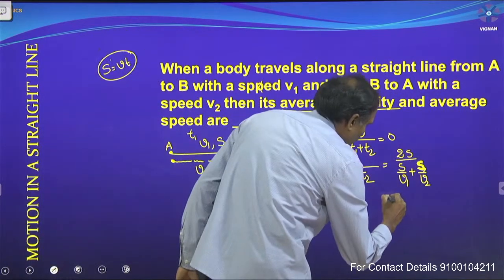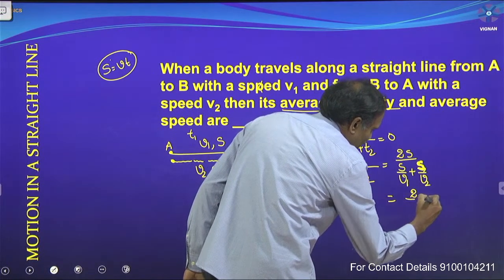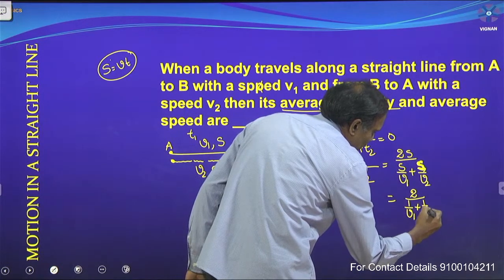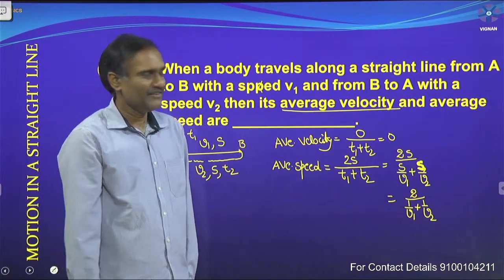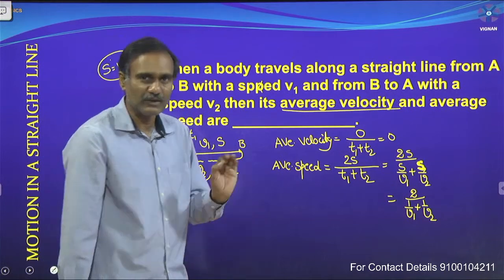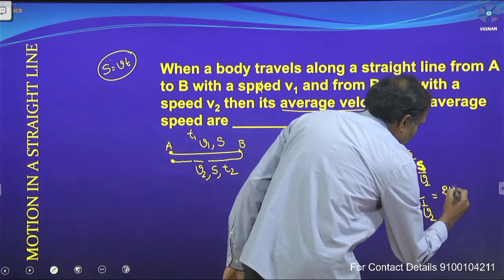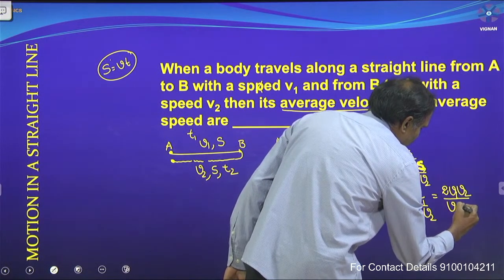Now on simplifying, you take s common in the denominator, so s and s get cancelled. You will get 2 divided by (1 by v1 plus 1 by v2). Now it becomes 2 v1 v2 divided by v1 plus v2.